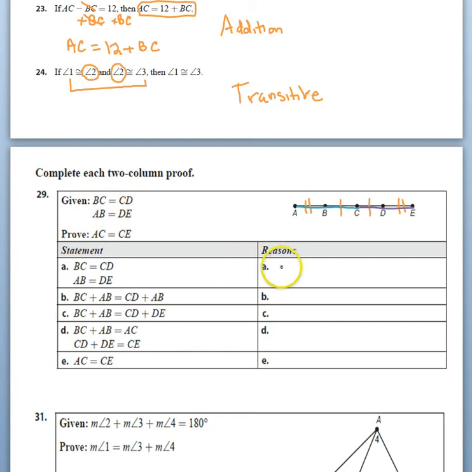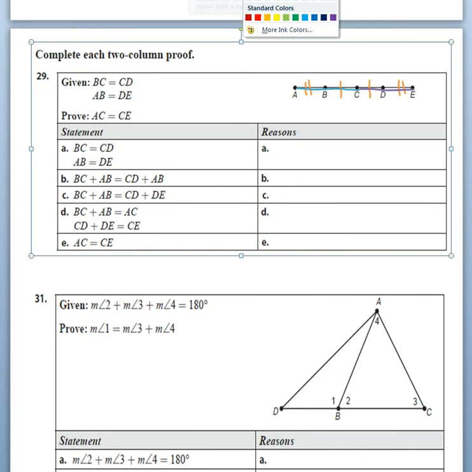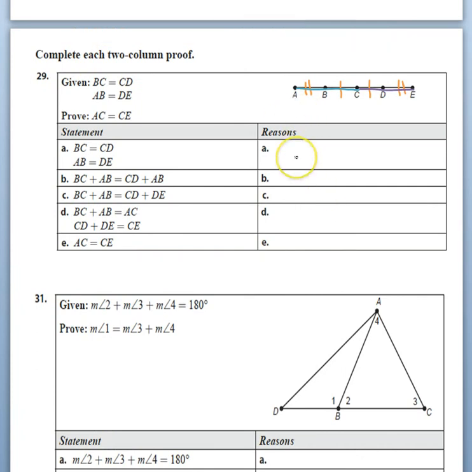And so the reason that you know it is because it was given to you. So right here, all we write is given. So let me grab my marker. Here we go, given. That information was given to me, so that's the reason that I put it in that first statement.